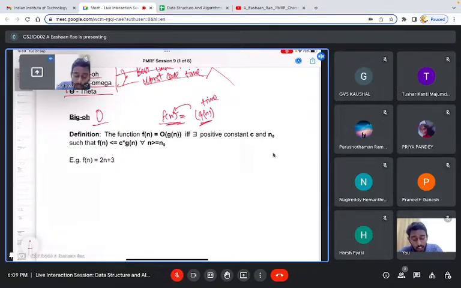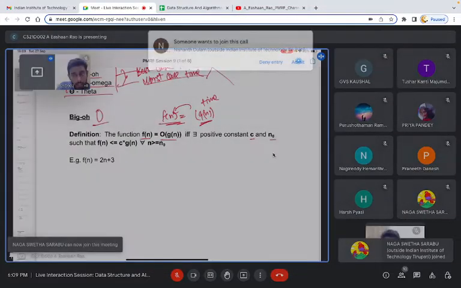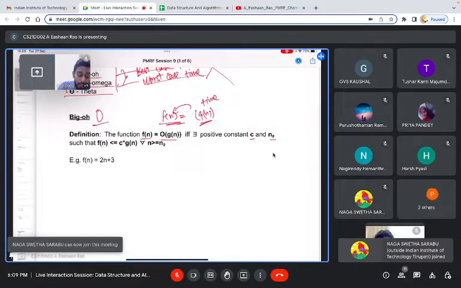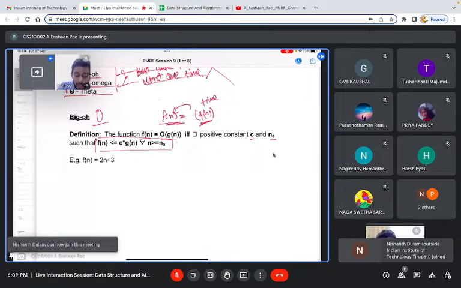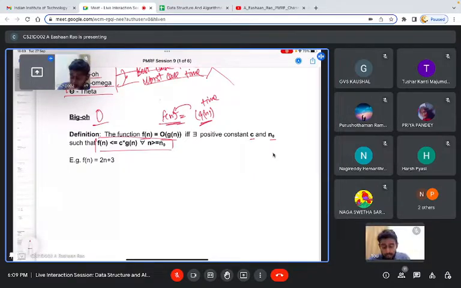When we say f(n) = O(g(n)), there must be a positive constant c and an n0 such that f(n) is less than or equal to c times g(n) for all n greater than or equal to n0. Okay, so what does it mean actually?